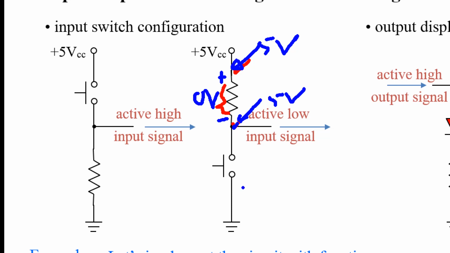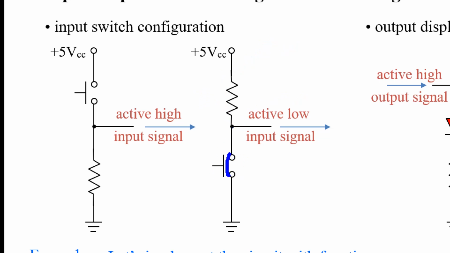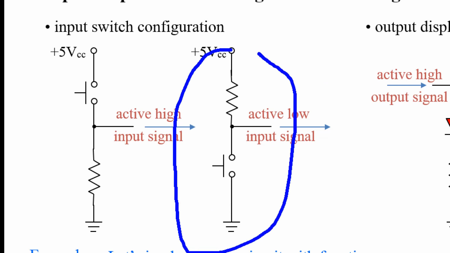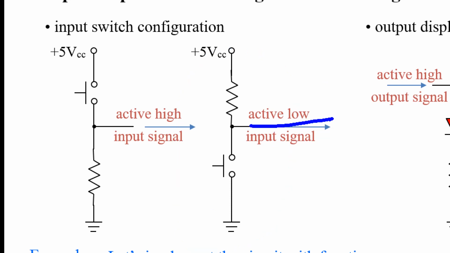When this switch is an open circuit, it is 5, and when you press the switch it becomes a short circuit, connected to ground directly, right? So this point then becomes 0 volt. This kind of switch configuration is called active low, because this point will be low when this switch is pressed. When you press this switch, it makes this point become low or zero. So it's called active low.